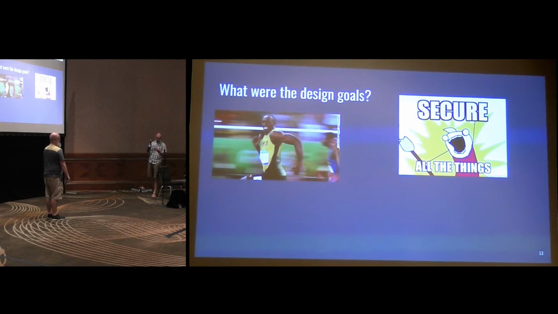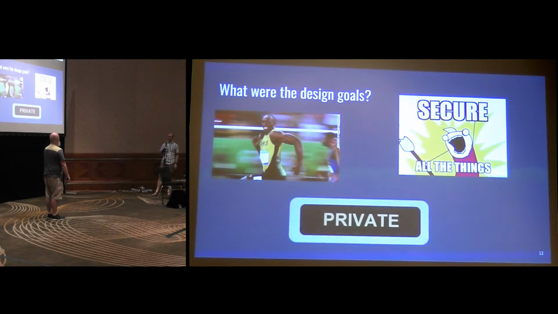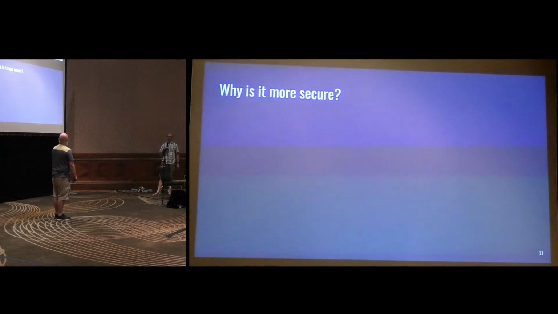So we'll see why later, but this is a primary design motivation. And then finally, privacy is a critical consideration of TLS 1.3, especially since during the development of TLS 1.3, there were the disclosures made by Snowden about potential pervasive monitoring, and this was one of the things that guided the design of 1.3. So why is it more secure?